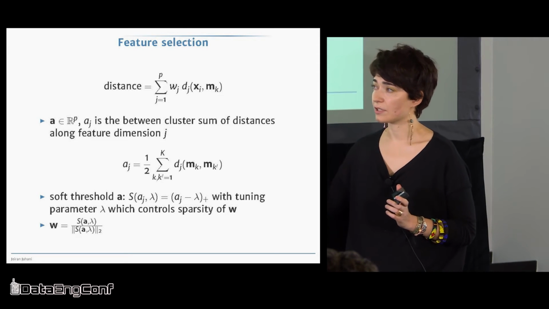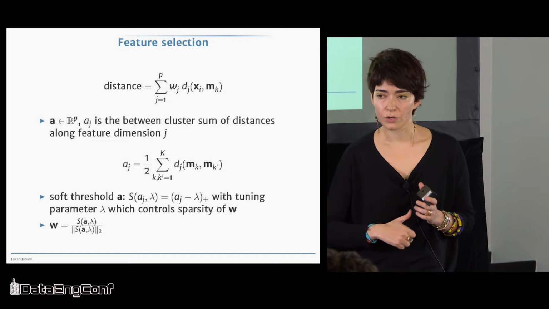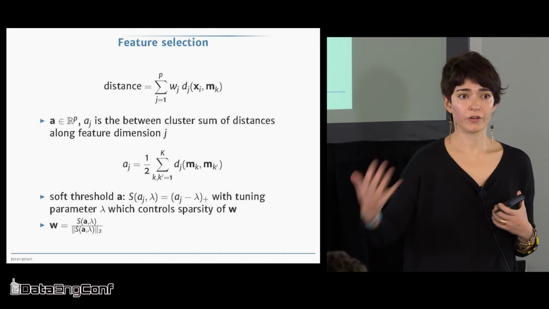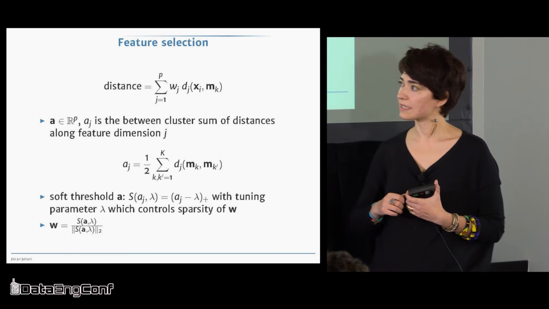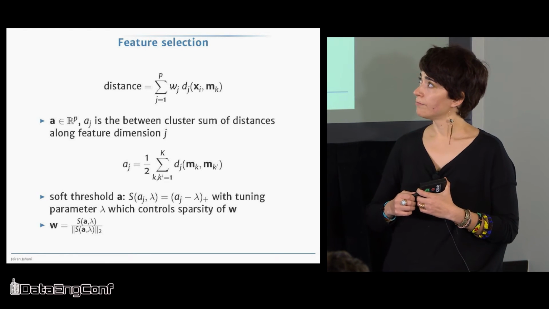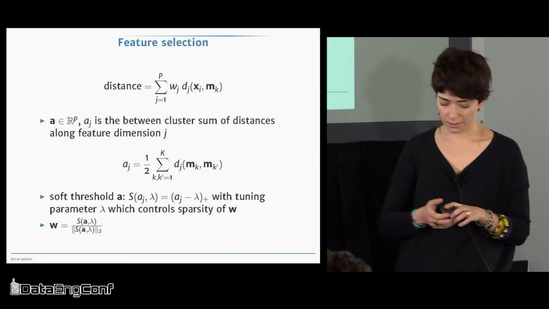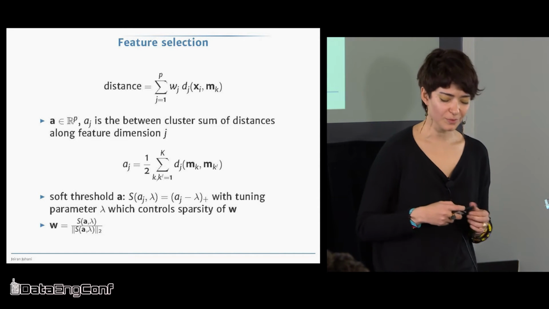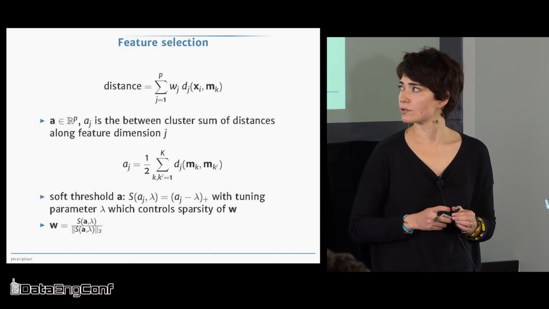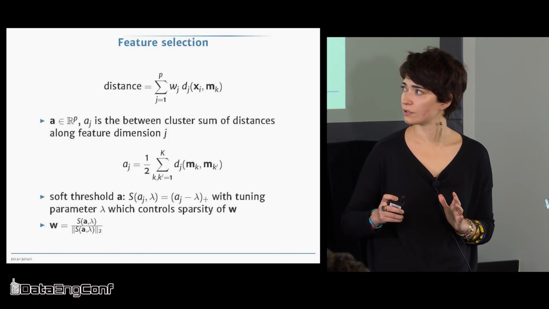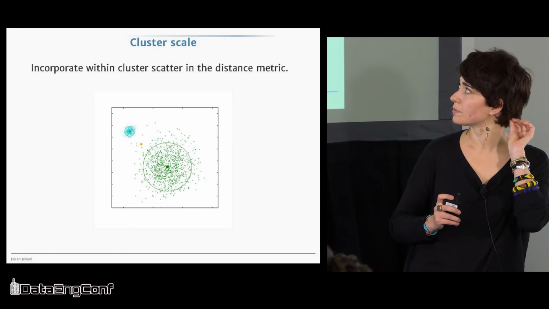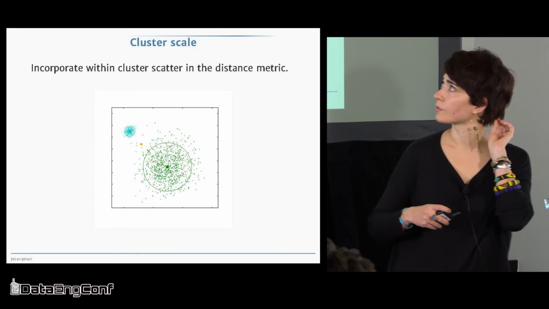If your lambda is lower, your solution will be less sparse, so you're using more of your features in calculating the distances. I'm adding more and more parameters to tune, but we'll talk about that. So that's how you get your feature weights. I haven't talked about distance metrics that much. OK, let's talk about that.